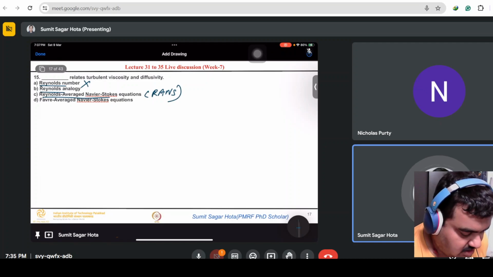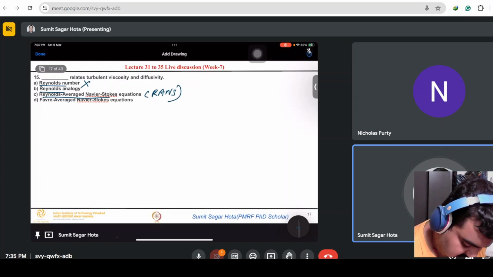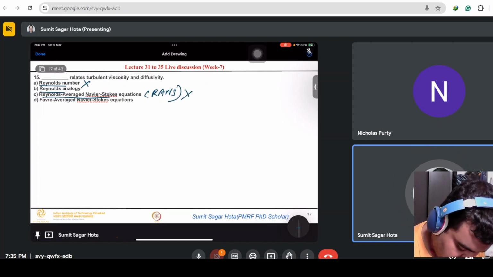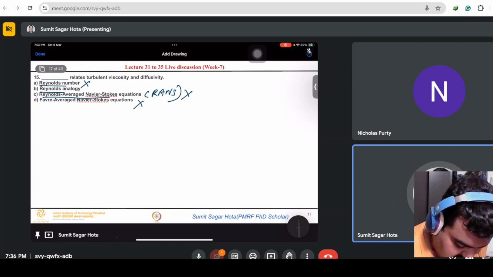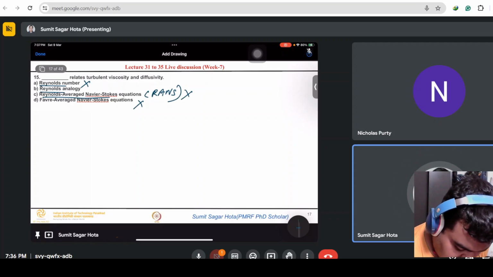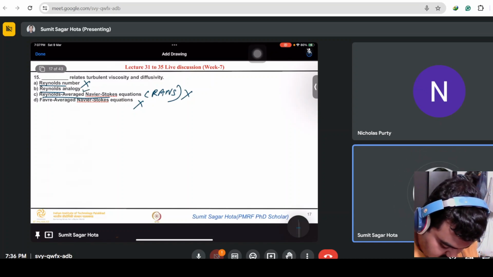It does not depend on your turbulent viscosity and diffusivity, so this cannot be the option. Favre average is mostly used for finding the mixture fraction, so this is not an option. Obviously, now one option remains, the Reynolds analogy.